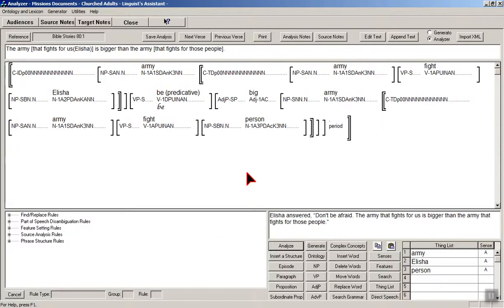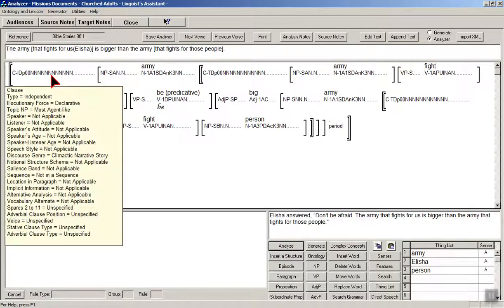It's trying to figure out the meaning. And now it's stopped. So now we can see there's a sentence, and the big double left bracket shows the sentence boundary, and the big one at the end is the end of that sentence. You can see there's a period symbol that marks the end of a sentence.